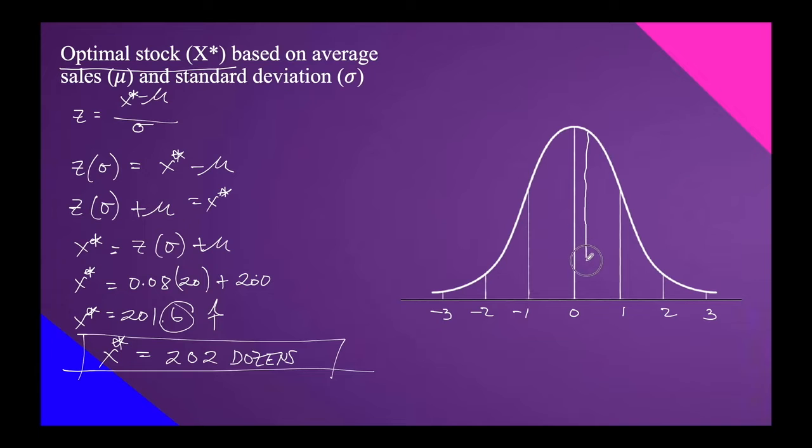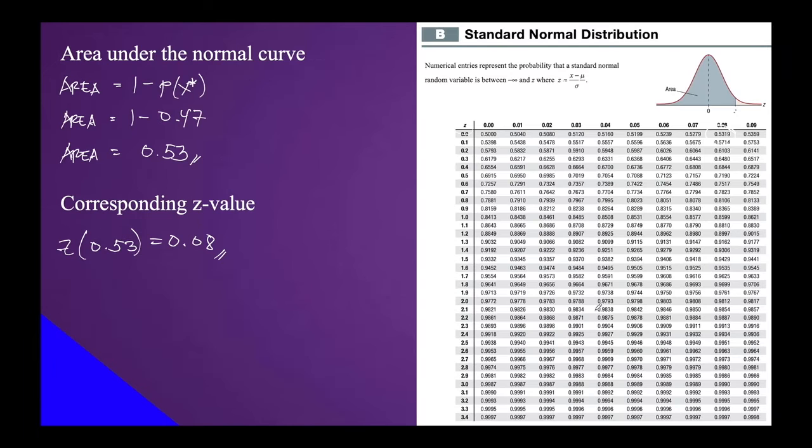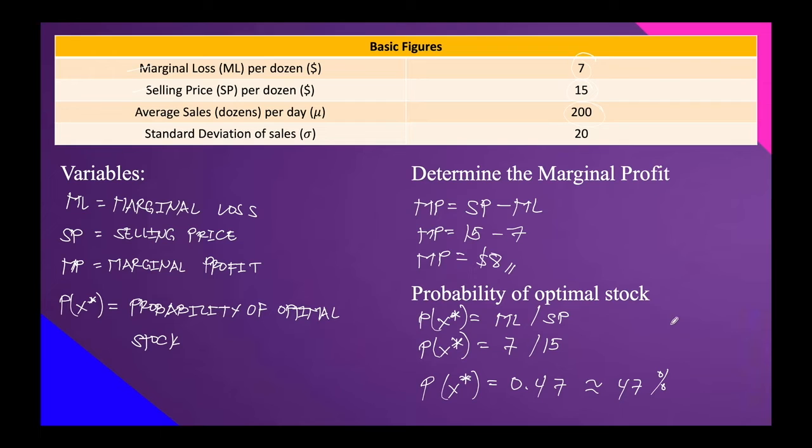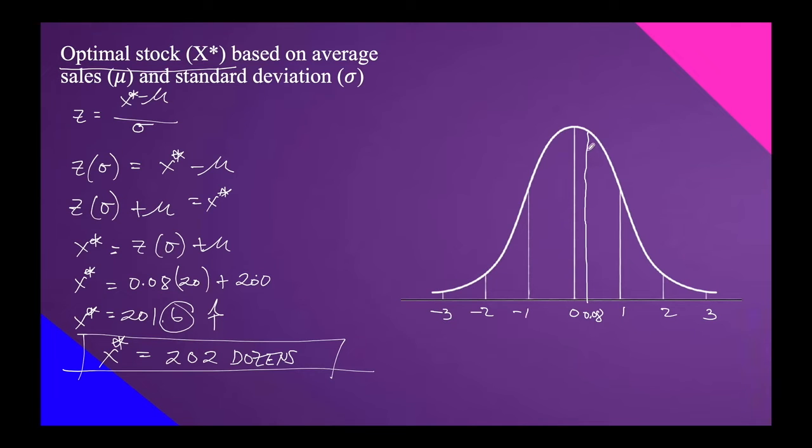At kunyari, pantay din yung sulat. 0.08, ano siya. Yung kaninang na-solve natin, na 0.47 or the 47% na probability of optimal stock, actually, on the data visualization perspective, ito po yun. No, ito yun. 47%.